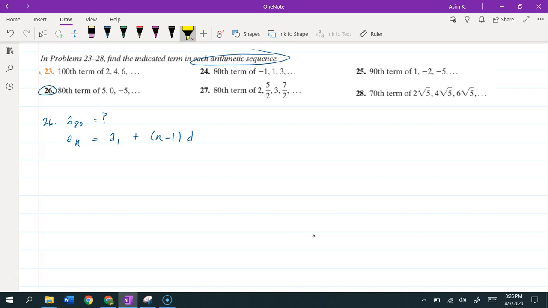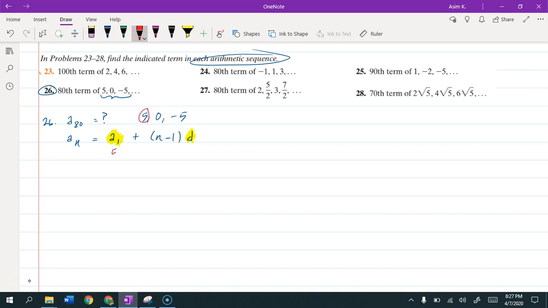So what we need is a sub 1 and the common difference. Think of mx plus b: you need m and you need b to move forward. Looking at the clues they gave us, 5, 0, negative 5, we can figure out something from it. We can figure out the first term.